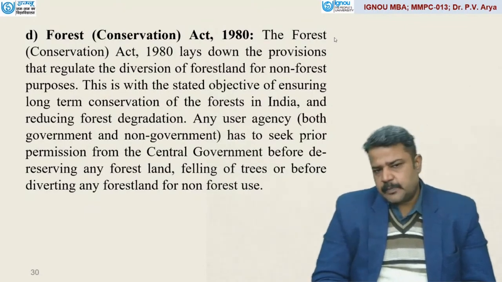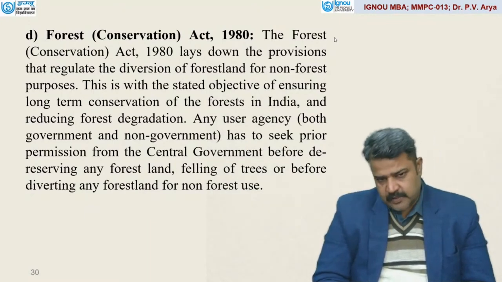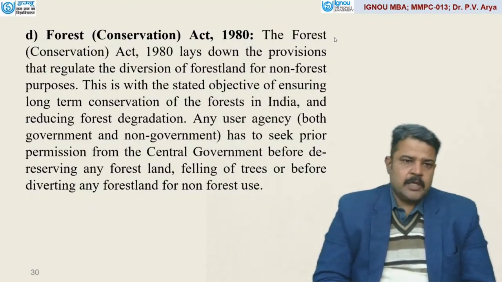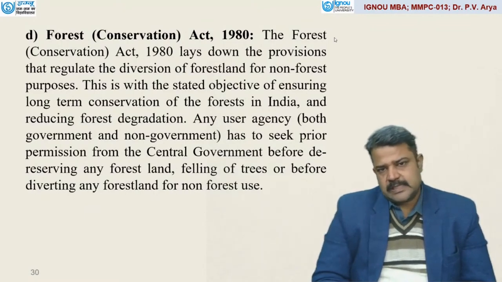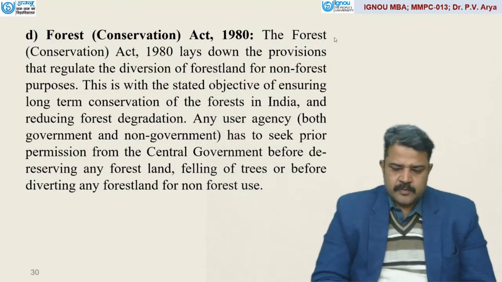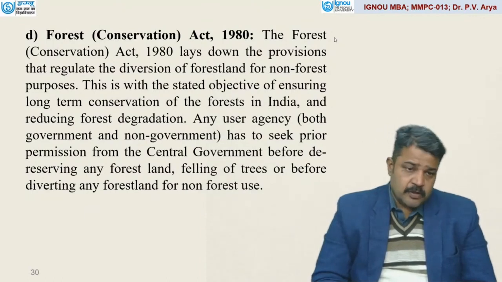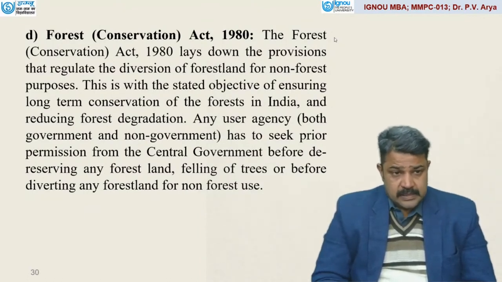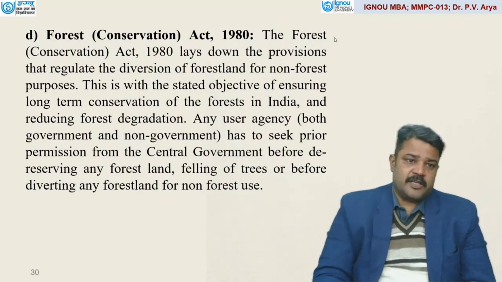So what is the prior condition of that environment, and what will be the effect of that industry in that area, and what is the alternate if the changes that will be incurred on an area due to that industry can be minimized by some process that needs to be followed. Only if it is cleared by the EIA, only then can that industry be set up in that area.